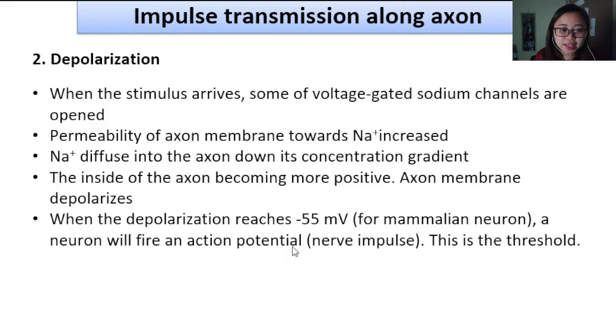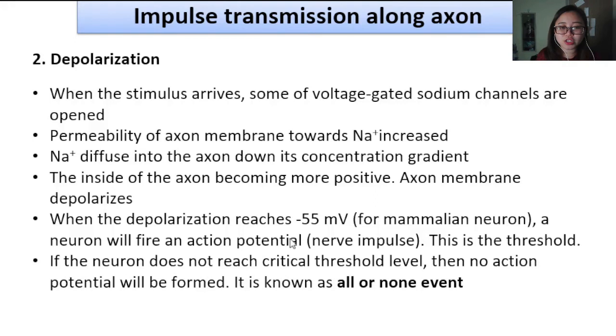Okay, that negative 55 millivolts is considered the threshold ataupun macam kita boleh cakap syarat minimum untuk kita punya neuron anggap stimuli itu sebagai benda yang serius. Kalau dia sampai ini threshold, then dia akan proceed next stage. Kalau dia tidak sampai ini threshold, dia akan turun balik kepada negative 70 millivolts.